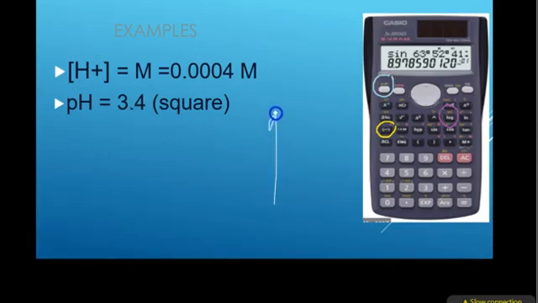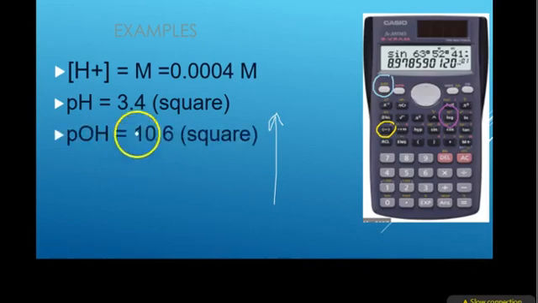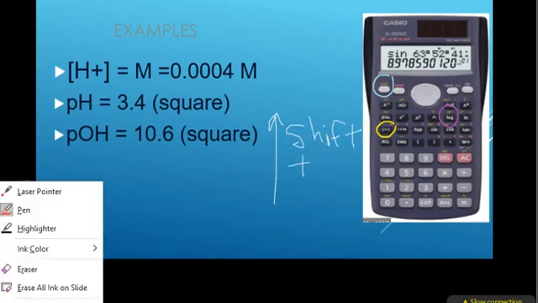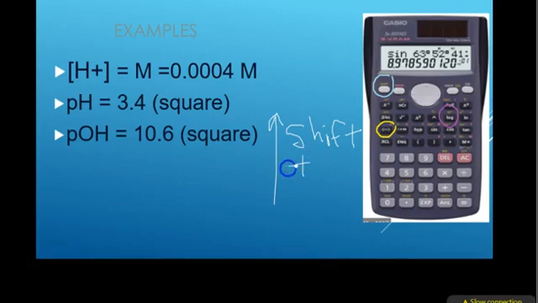So to go up, we've got the pOH of 10.6. To go up on this next one, I'm hitting the shift, log, negative, answer.